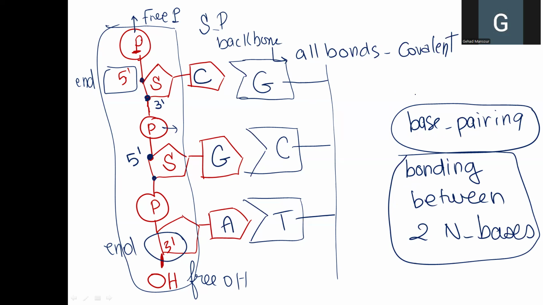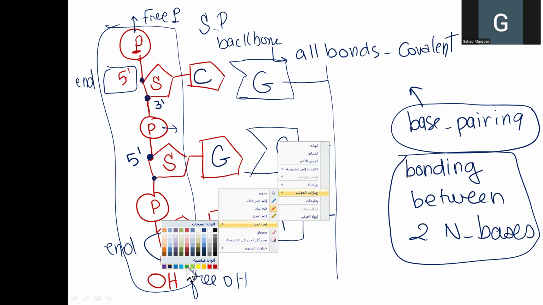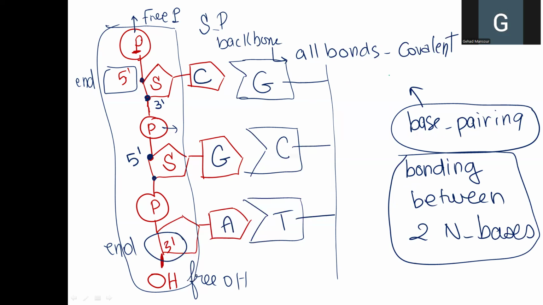And base pairing occurs through what? Base pairing occurs via hydrogen bonds. And this is very important for replication of DNA. And this is the coming question: how is hydrogen bonding important for replication?